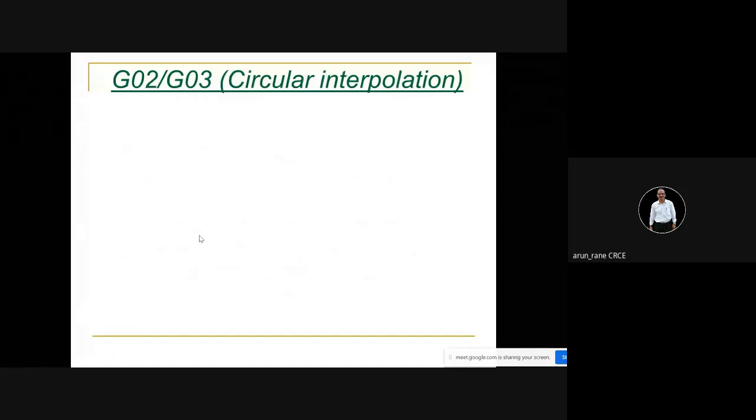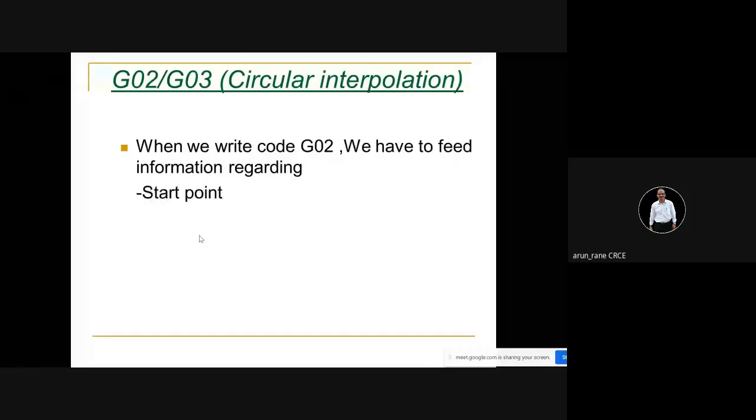So what is the syntax for this? You have to give the start point of the arc or circle, the end point of the arc, and the radius of the arc, or the circle center point.